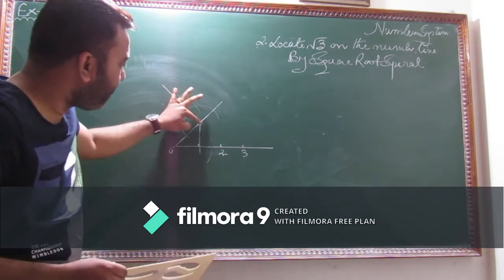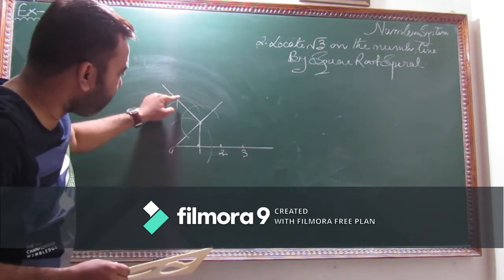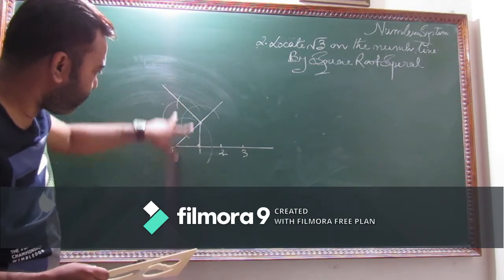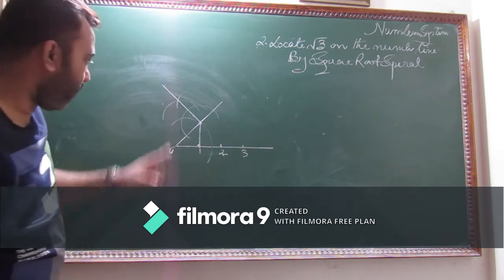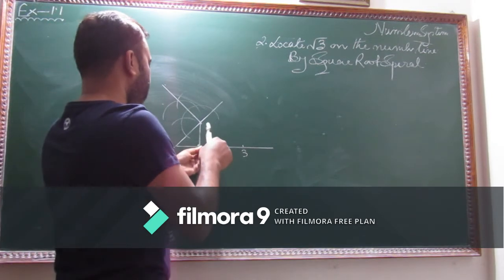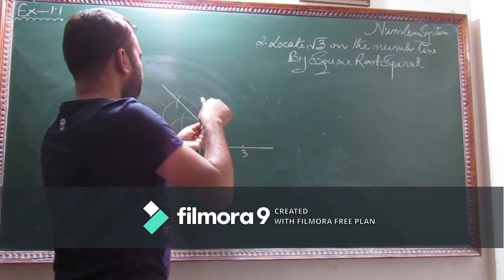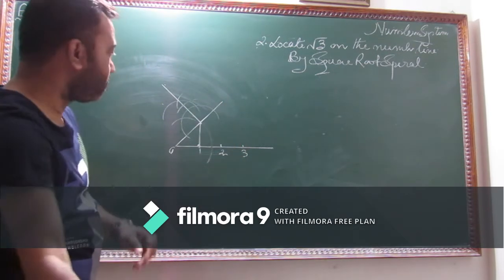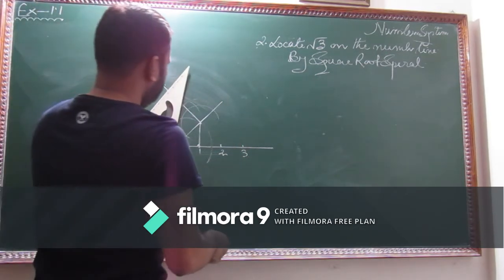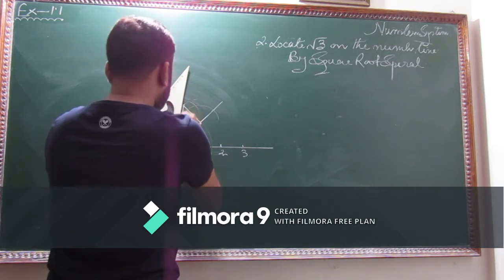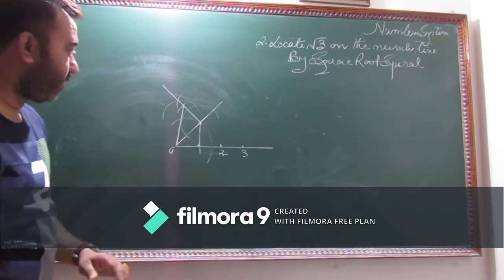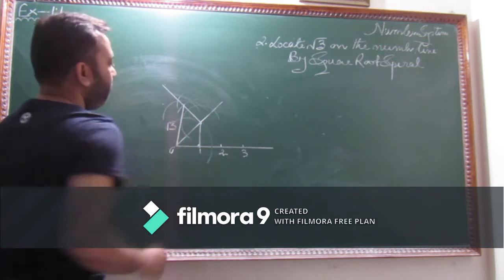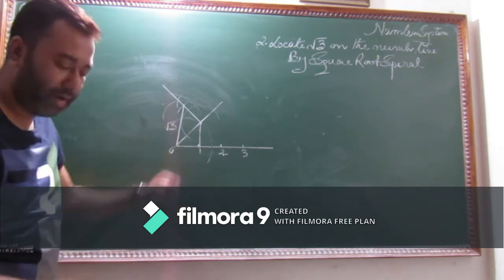Now here this is 1 unit and you know this is root 2. So it is now a right triangle, that means if I join here taking this one, it will give you the hypotenuse. So let me take 1 unit and join this. So what is this? This is root 3. Now I have to reflect this root 3 on the number line.